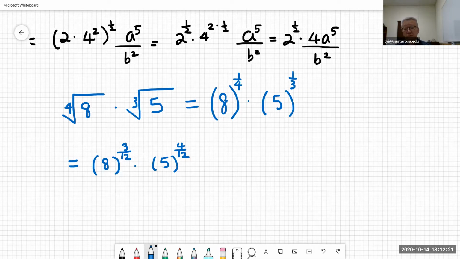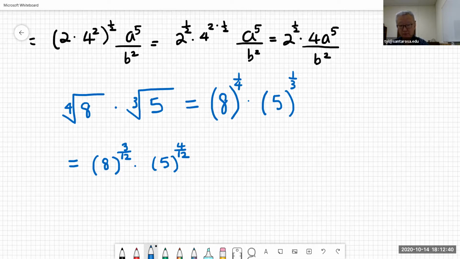Because 3/12, if you simplify it, you get 1/4. And if you simplify 4/12, that's 1/3. Okay.